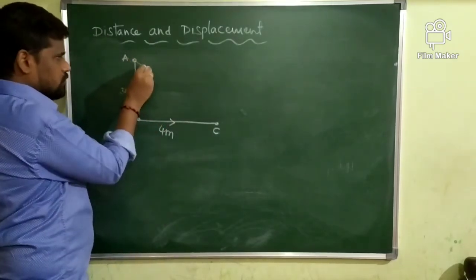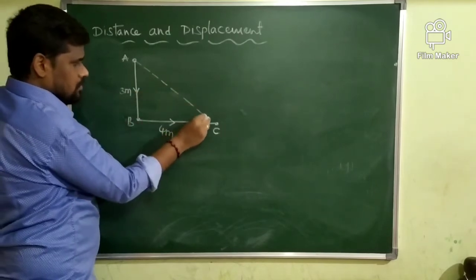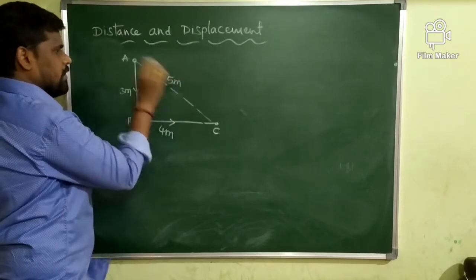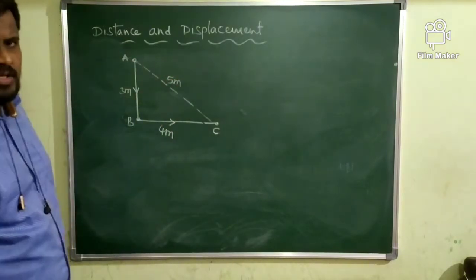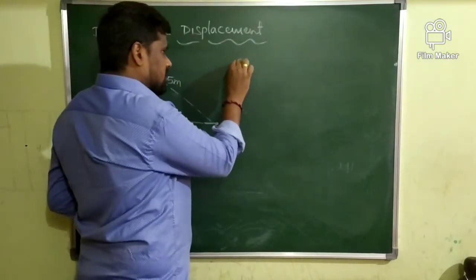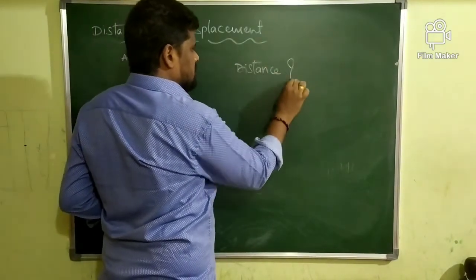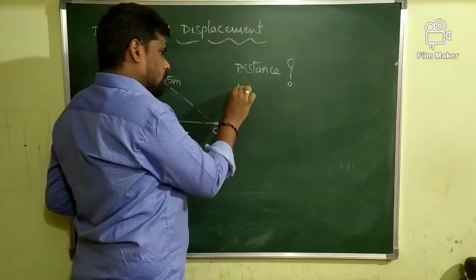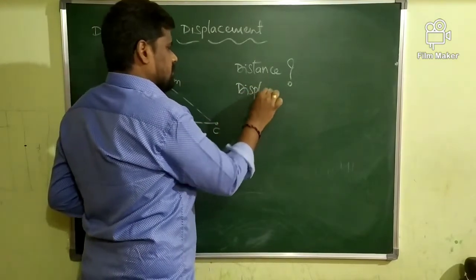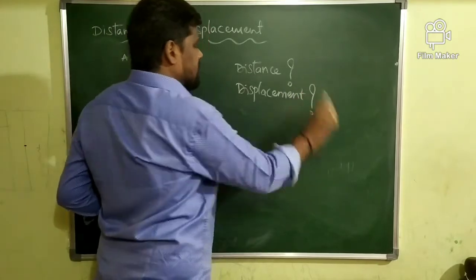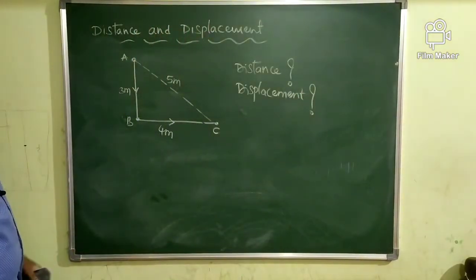So from A to C, it is found to be 5 meter. My question is, what is the distance traveled by the body and what is displacement? In this case, tell me what is the distance and what is the displacement.